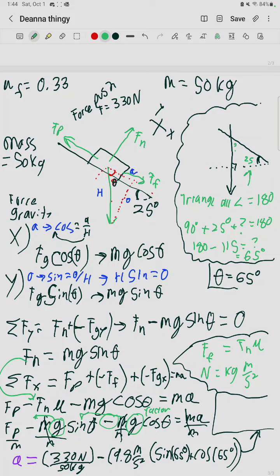Okay. It's negative 6.4. Just making sure I plugged everything in right, because it is negative.